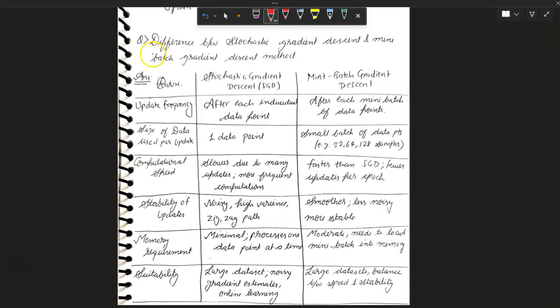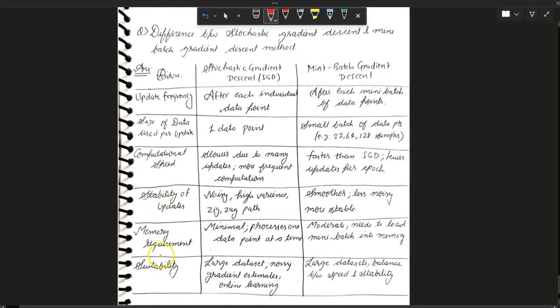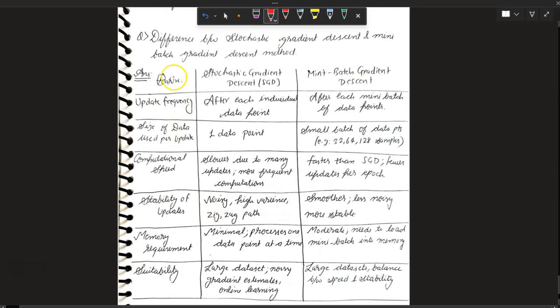Let's move to the next question: the difference between stochastic gradient descent and mini batch gradient descent. We are finding the difference based on update frequency, size of data, computational speed, stability of updates, memory requirement, and suitability. Update frequency: stochastic gradient descent updates after each individual data point, and mini batch updates after each mini batch.